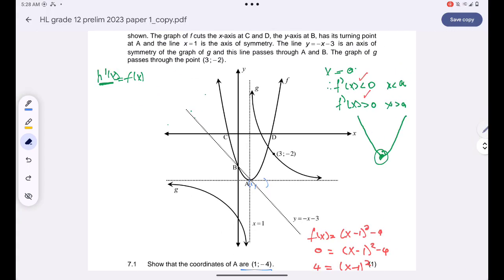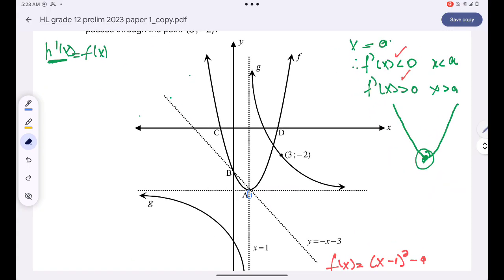Your domain can be restricted like this only if x is greater than or equal to 1, so this will be only a function, and hence the inverse function will only be like this.